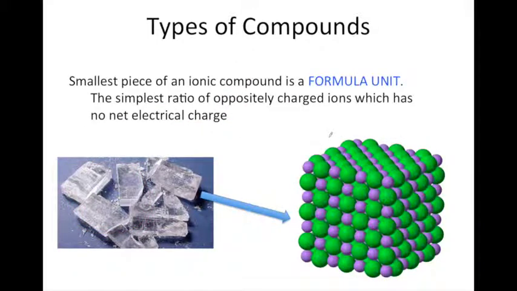The smallest piece of an ionic compound, the smallest repeating unit, is what we call a formula unit. It is the simplest ratio of positively and negatively charged ions which has no net electrical charge.